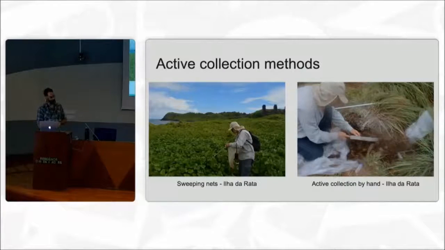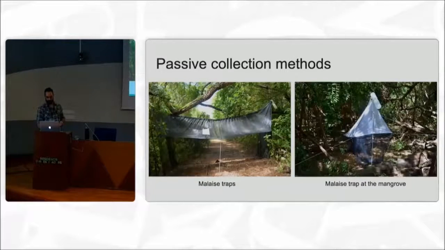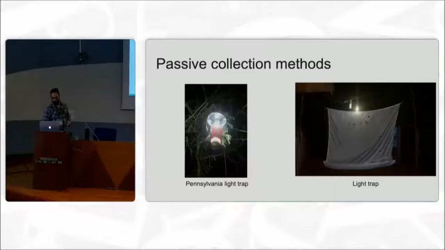And here I think he's using some kind of knife to get some under the soil. Also they used passive collection methods like Malaise traps, here in a more dense forest, and here in the mangrove close to the coast. Also a Pennsylvania light trap and a conventional light trap.